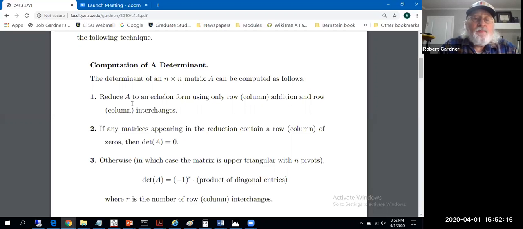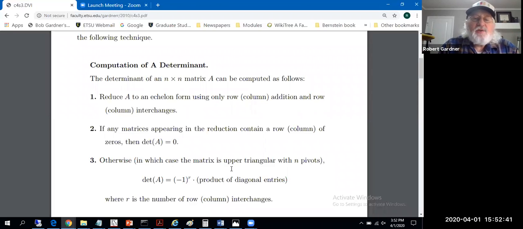Take matrix A, reduce it to an echelon form using only row addition and row interchanges. Secondly, if any matrices appearing in the reduction contain a row of zeros, then the determinant is 0. Otherwise, if we get to this stage, then it must be that the row reduction has worked.